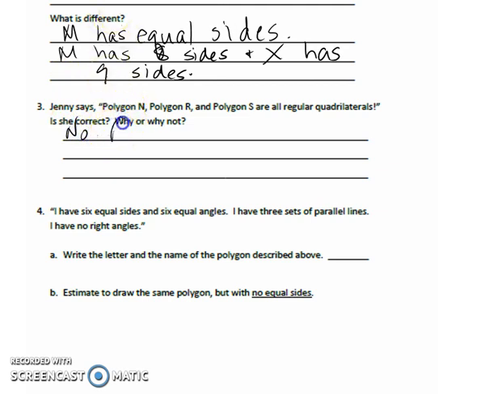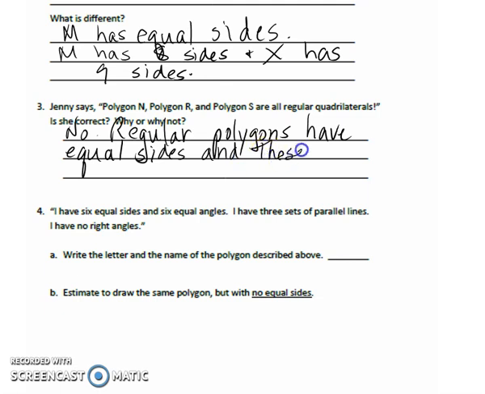And we're going to explain that regular polygons have equal sides, and these shapes don't have equal sides. So they can all be quadrilaterals, but to be regular quadrilaterals, they have to have the same length on the sides. Okay?